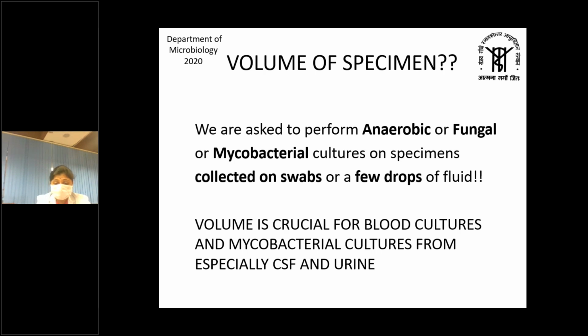And culture is proof of the presence of the organism, viable organism especially. So always try to aspirate samples in syringes and collect as much volume as possible. Avoid collecting samples on swabs or sending a few drops of fluid. Volume is especially crucial for blood cultures and mycobacterial cultures, especially from cerebrospinal fluid and urine.